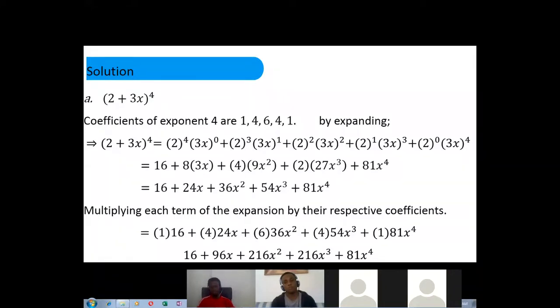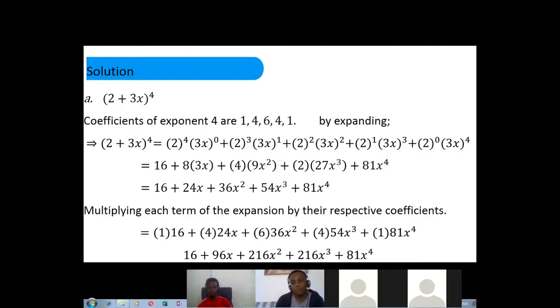That is not the end of the expansion. We are now left with the coefficients. Now, we take each coefficient and multiply by their respective terms. The first coefficient is for the first term, second coefficient for the second term, third for the third term, fourth for the fourth term, and the fifth coefficient is also multiplying the fifth term.